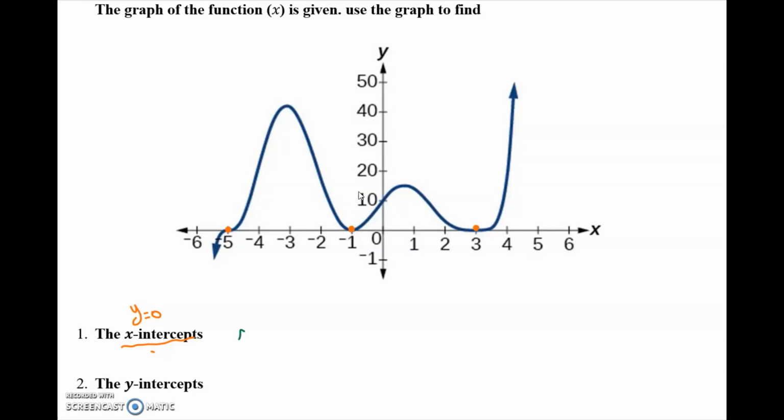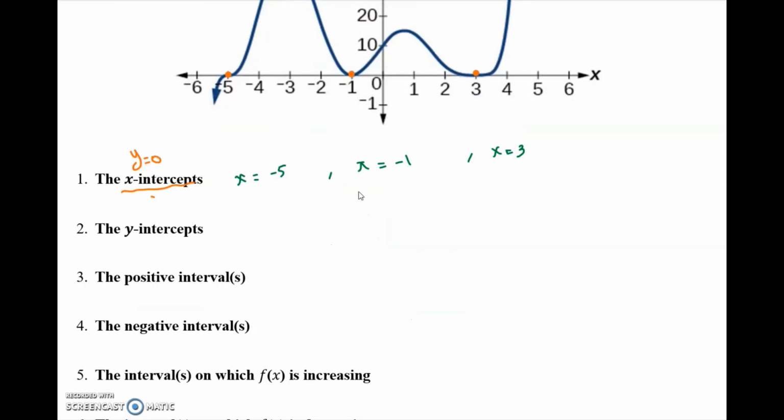So I'm going to say x equals -5, x equals -1, and x equals 3. You can do it this way, or you can say -5 and 0, which is as an ordered pair, -1 and 0, and 3 and 0. Okay, it's up to you.